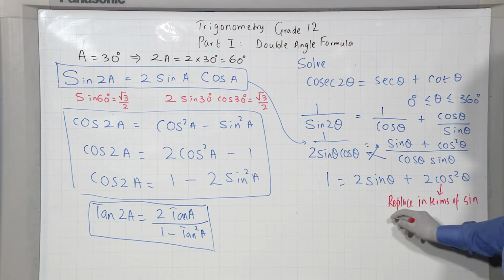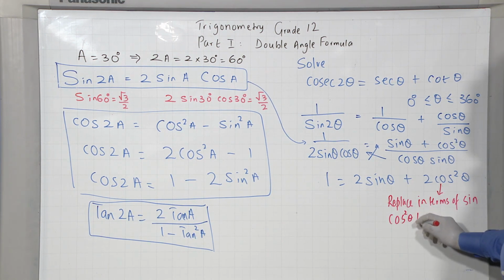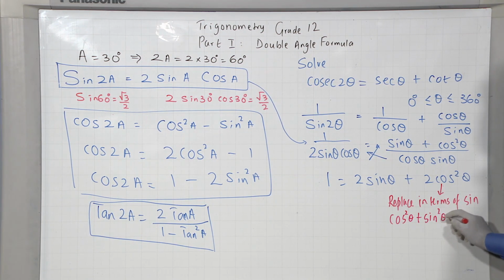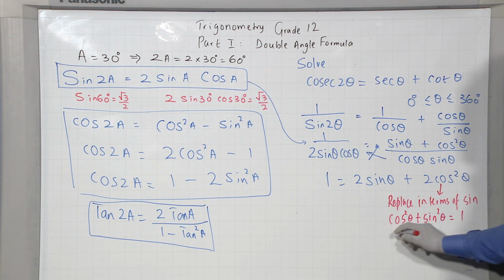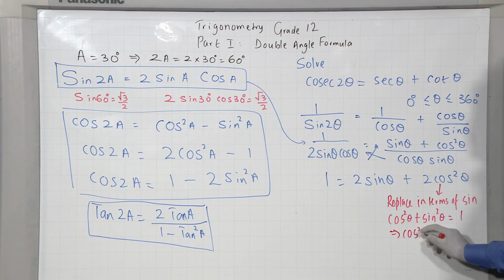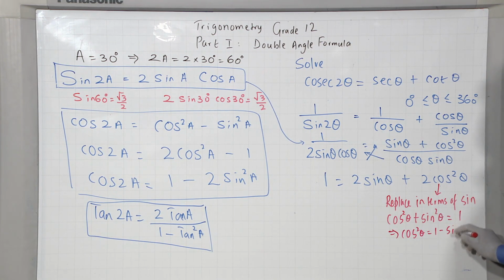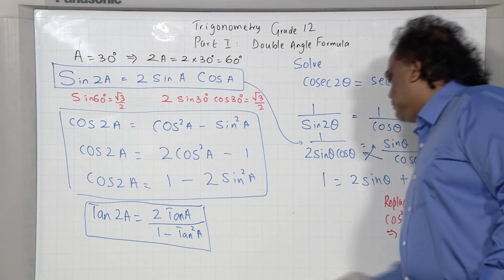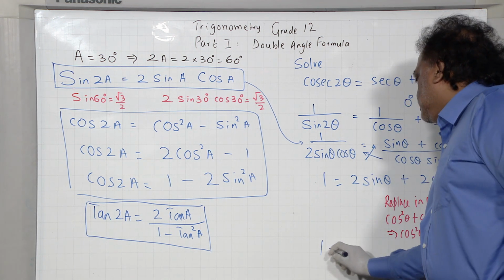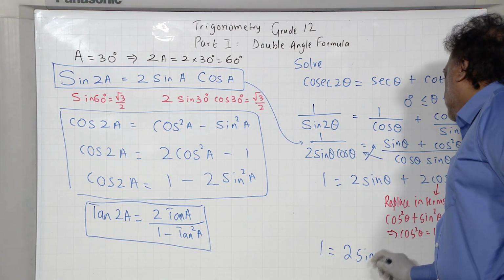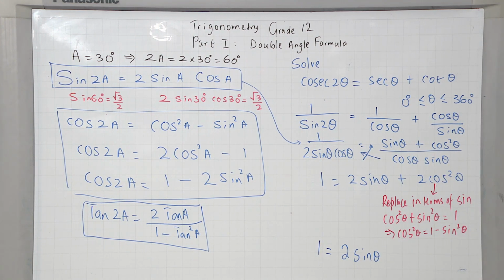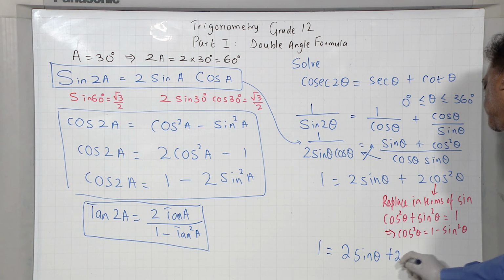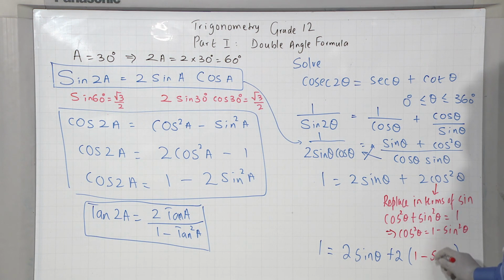How? By using the formula cos squared theta plus sine squared theta is equal to 1. Means cos squared theta is equal to 1 minus sine squared theta. So I have 1 equal to 2 sine theta plus 2 times (1 minus sine squared theta).